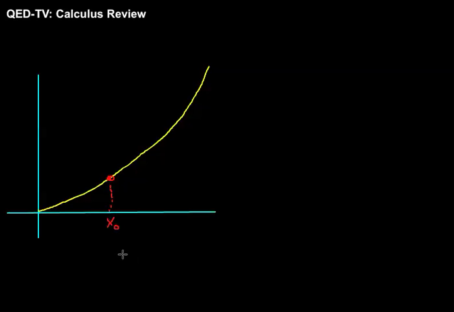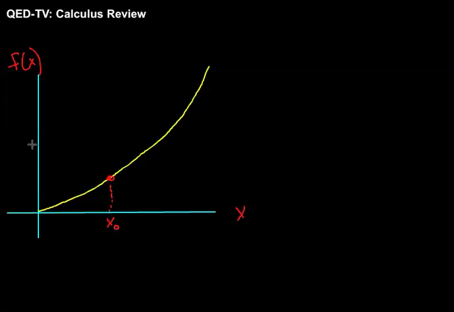Put a little 0 there, x naught. And of course, this is the x-axis over here, and over here we have the y-axis, or we could call it the function of x axis.